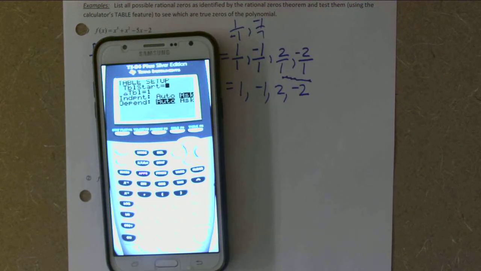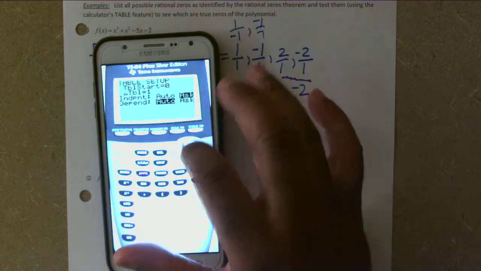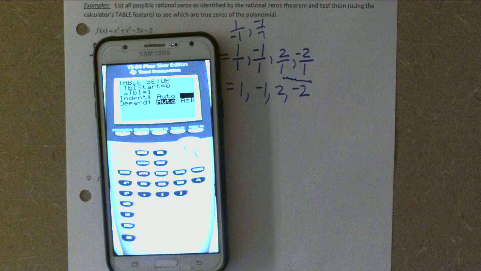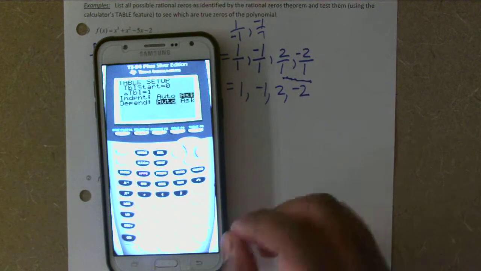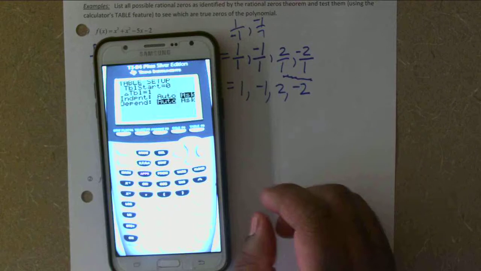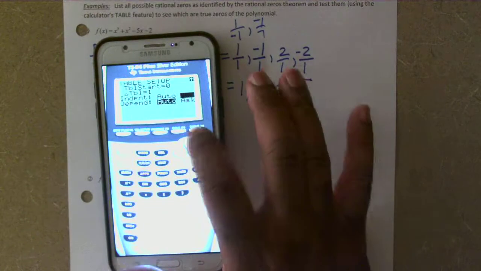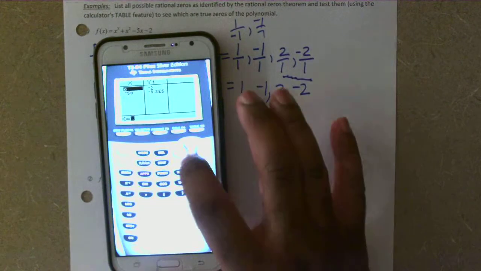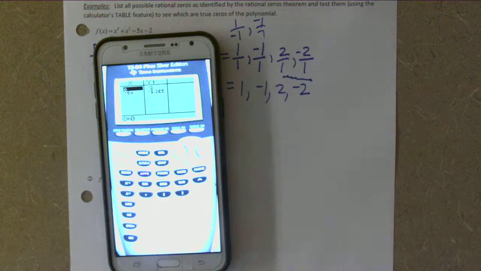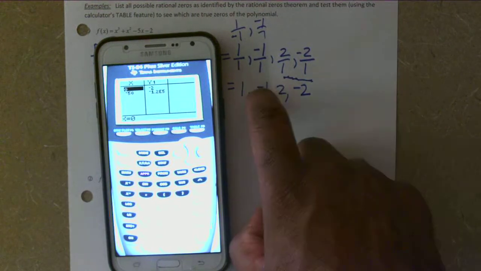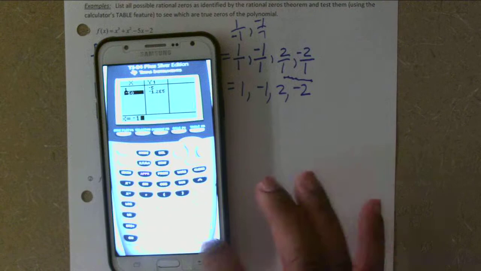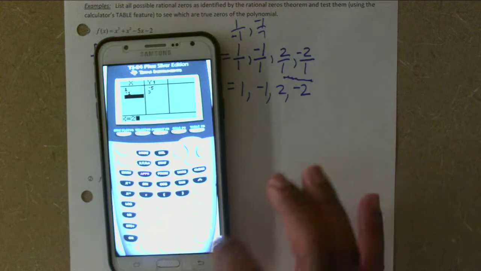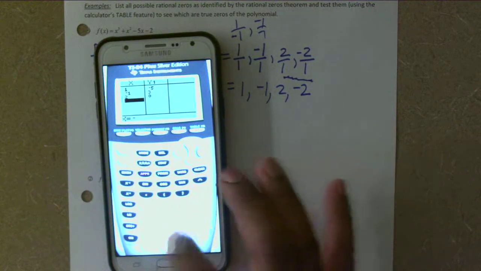And it says X. I need you to go to X and press enter. Now when you do that, you can go to the table. Press second and graph. And then when you go to the table, you could type in these numbers. You would do 1, enter, -1, enter, 2, enter, and -2, enter.